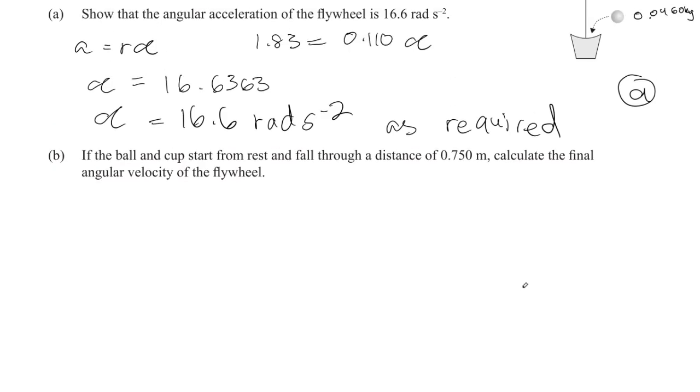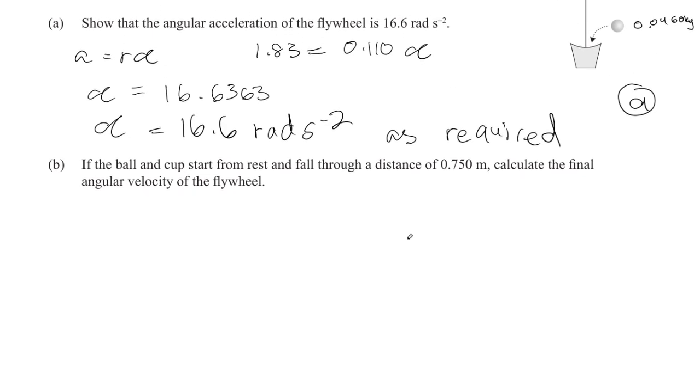If the bowling cups start from rest and fall through a distance of 0.750 meters, calculate the final angular velocity of the flywheel. Okay, so I think what they want you to do is to notice that this distance is a linear value. So first of all, they want you to convert this distance into radians.